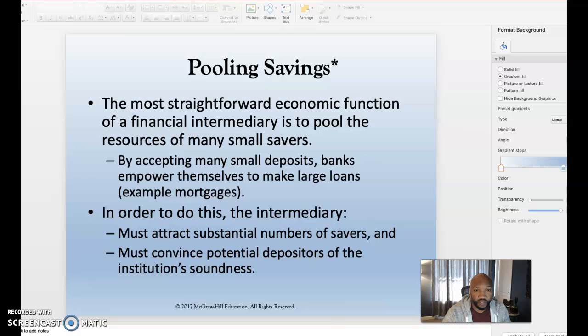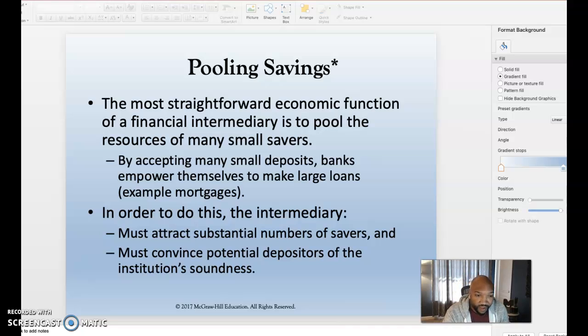Pooling savings is one of the most straightforward functions of a financial intermediary, and it is exactly what it sounds like. In order to make large loans, financial institutions or intermediaries accept small deposits from you and me to make big loans to also you and me.